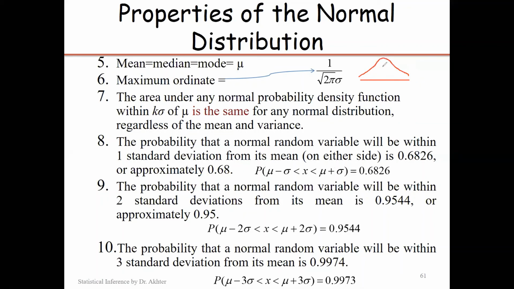Understand this a bit. This is your mu. In a normal distribution this is the mean, mu. This distance is sigma. If I subtract sigma from the mean, this point is called mean minus sigma. And if I add sigma to the mean, I will have mean plus sigma. So in between mean minus sigma and mean plus sigma, I have 2 points right now. One point is this, other point is this. And what is this area?